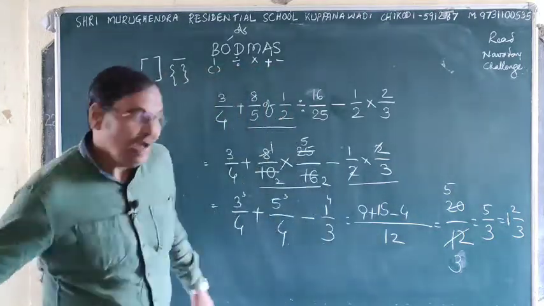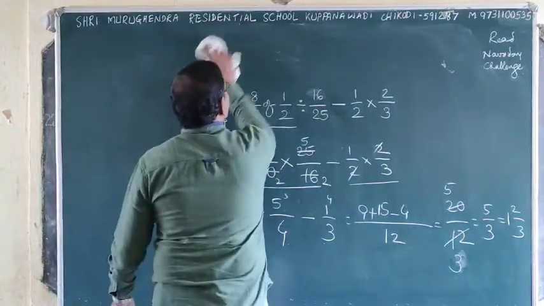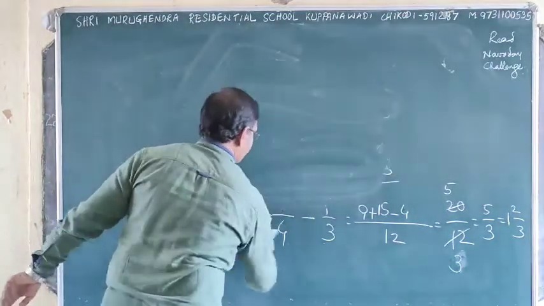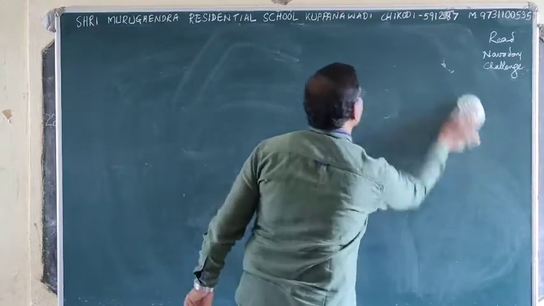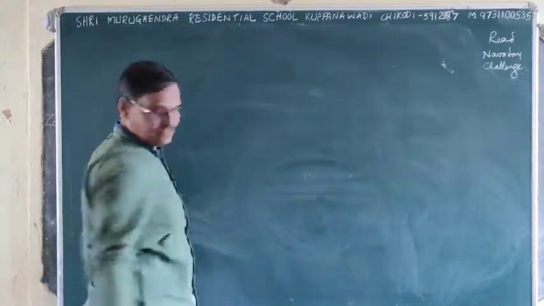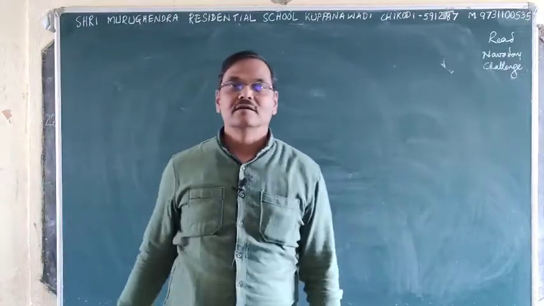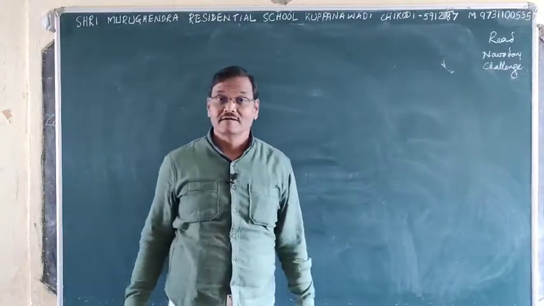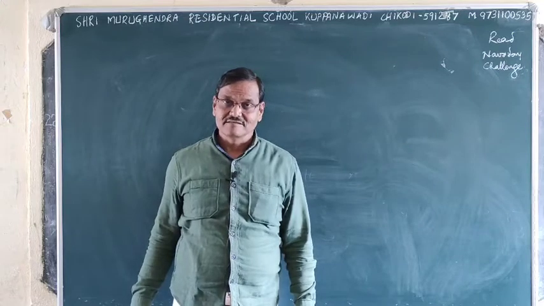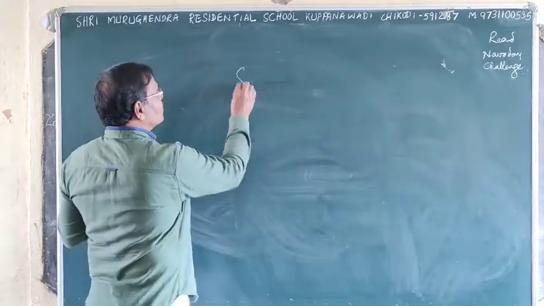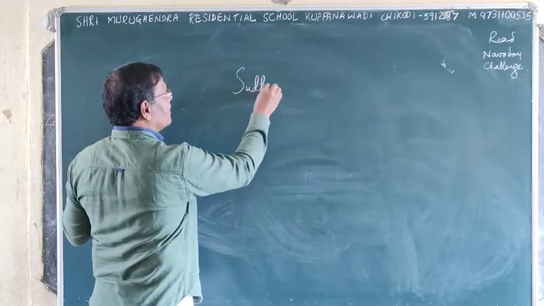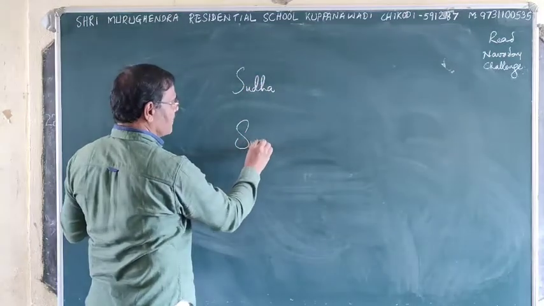Okay. Now, if sums are given like this, what is the usage of this? What is the usage of learning this, the application of fractions? See, sums will be given like this: Sudha and Suma.